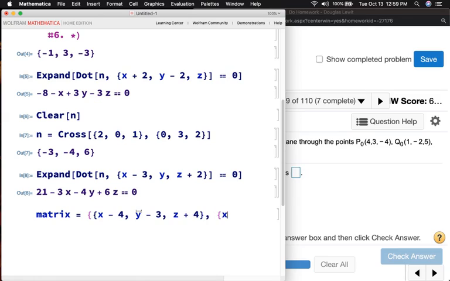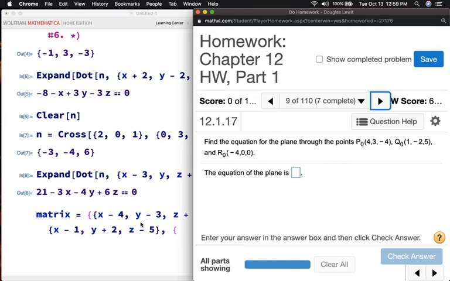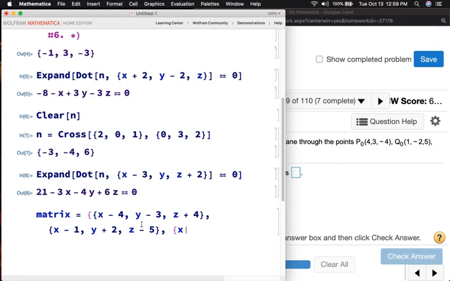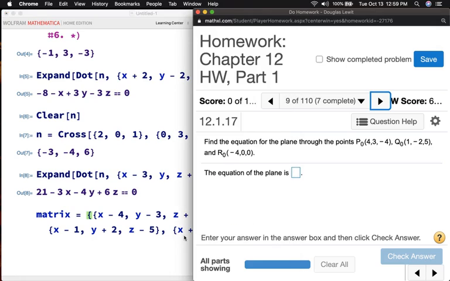I have x minus 1, y plus 2, z minus 5. And then I have x minus a minus 4, which is x plus 4, y minus 0, z minus 0.